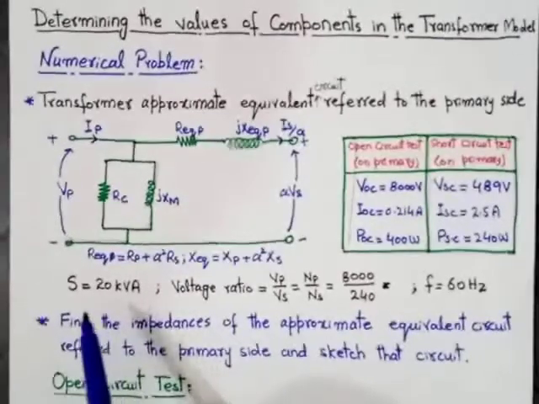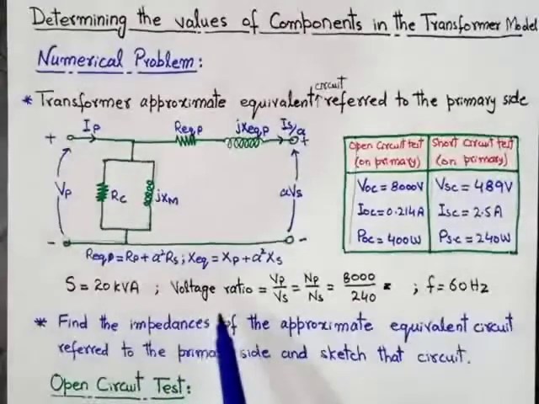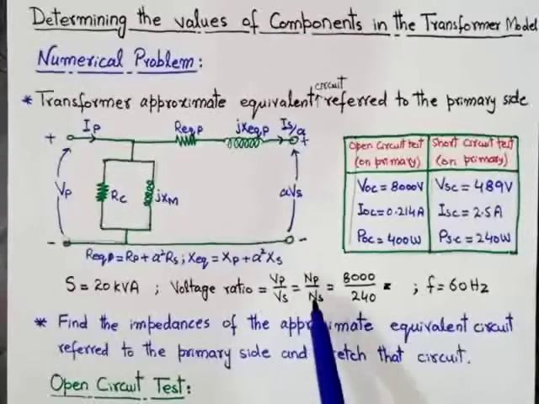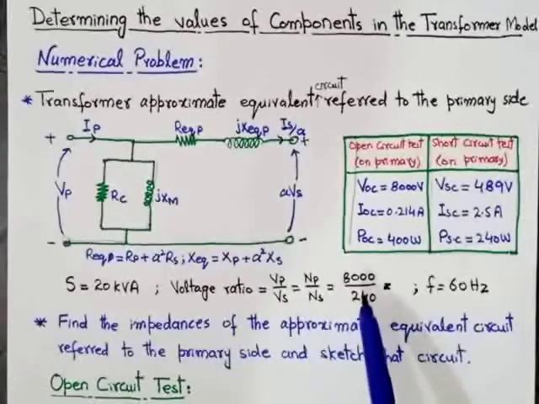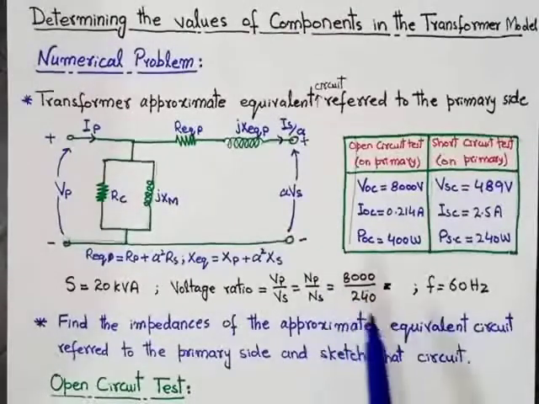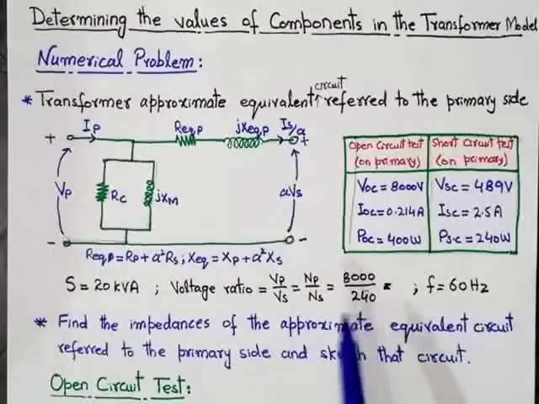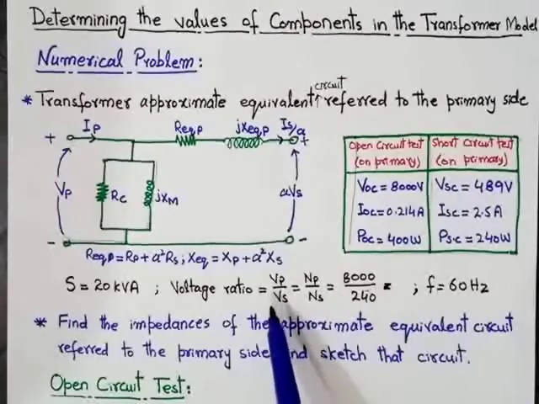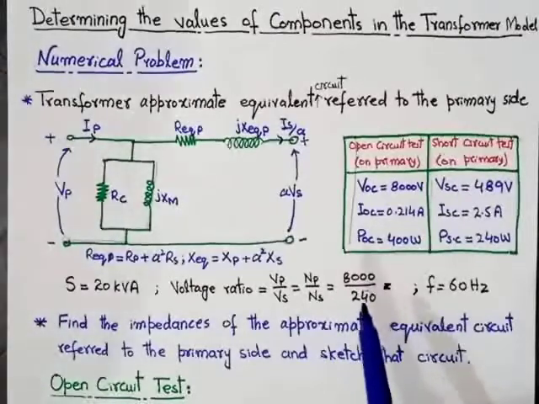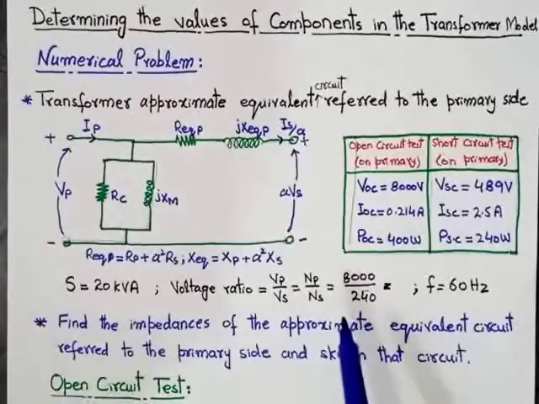The voltage ratio given in this numerical problem is Vp over Vs is equal to Np over Ns is equal to 8000 over 240. 8000 means the voltage across the primary side of the transformer, and 240 means the voltage across the secondary side of the transformer, that is Vs. From this ratio, we can find the high voltage side and the low voltage side of the transformer. It means the primary voltage is greater than the secondary voltage.